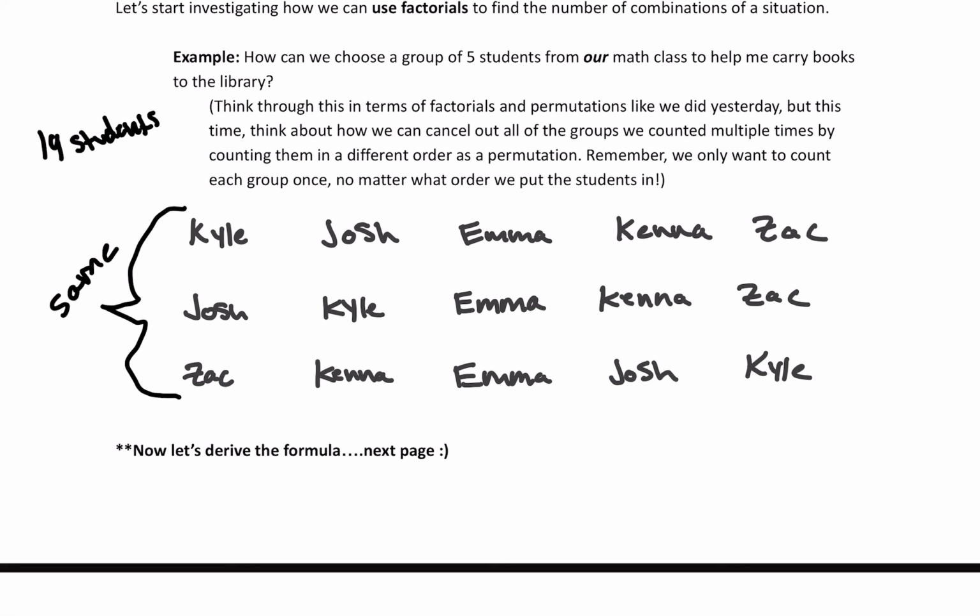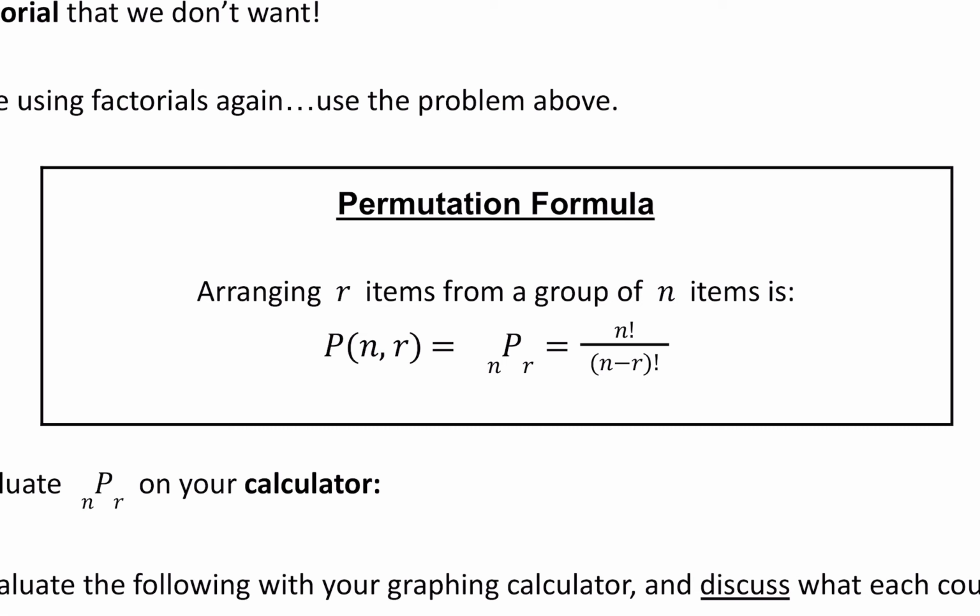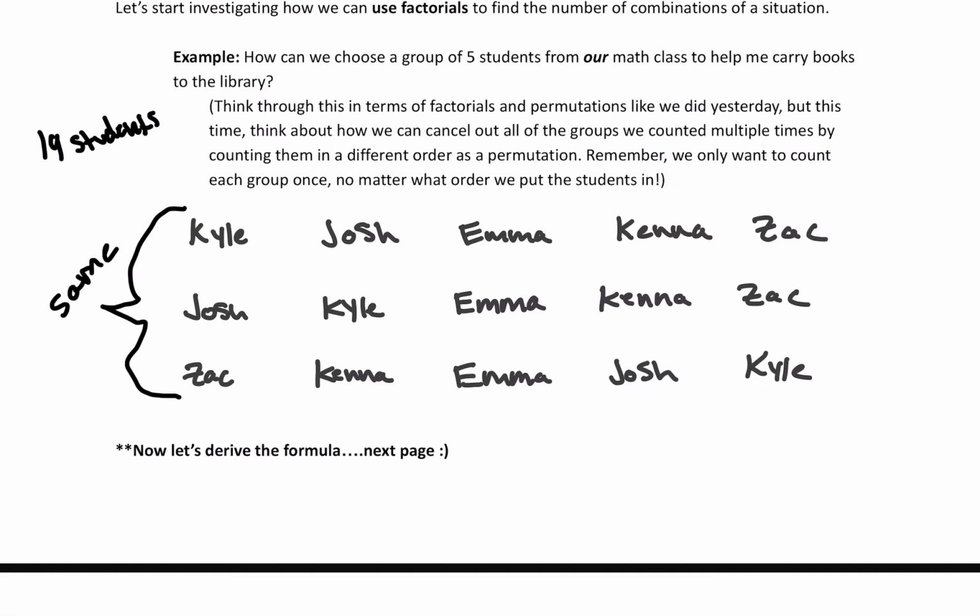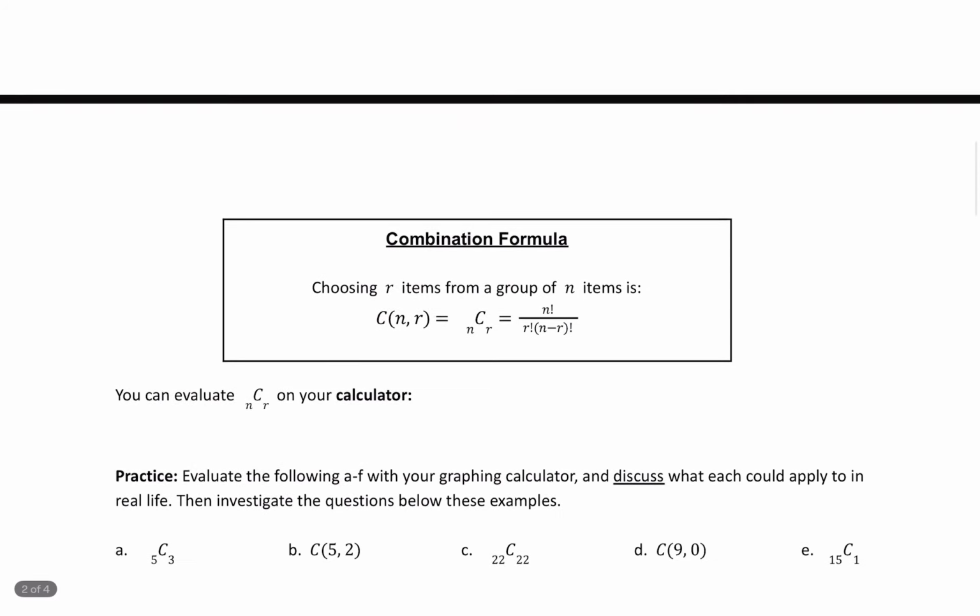So let's just take a look at the formula for permutation, okay? The formula for permutation is n factorial divided by n minus r factorial. But if we're looking for the formula for combination, which is going to be back on our notes, it's going to look really similar.